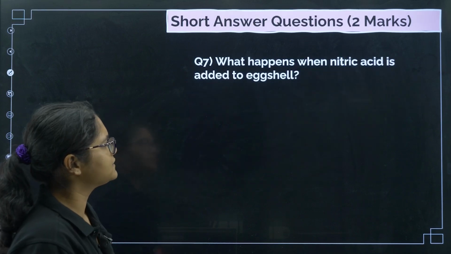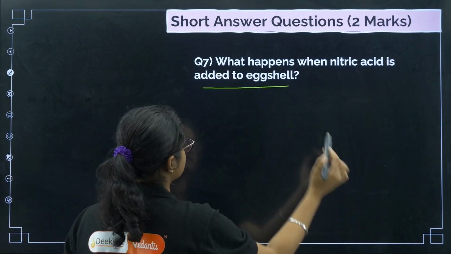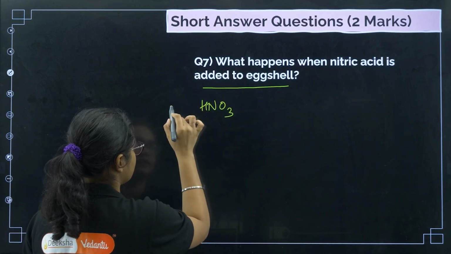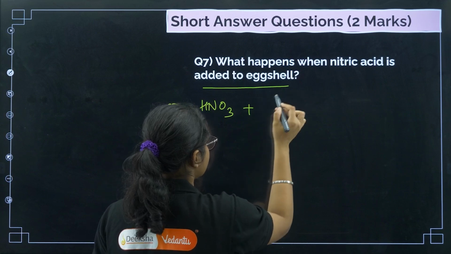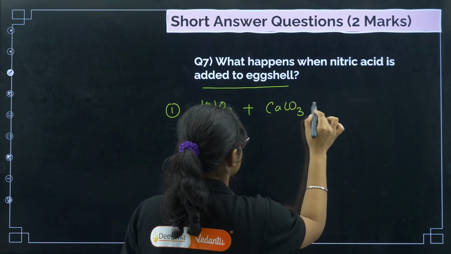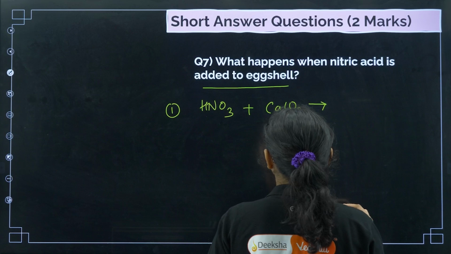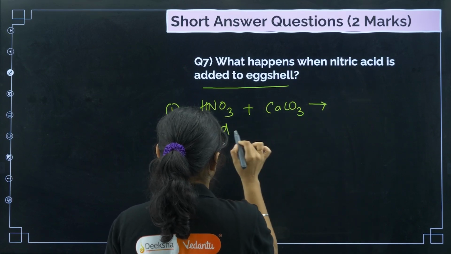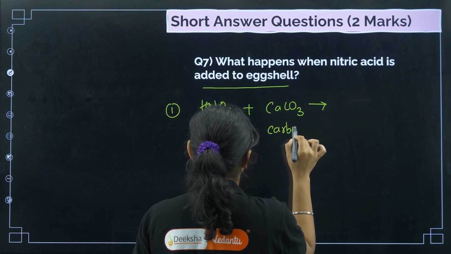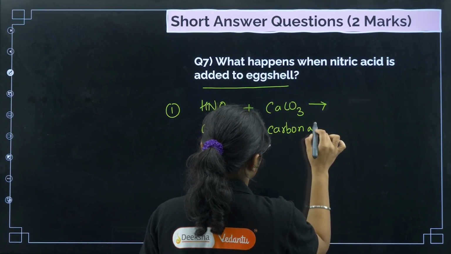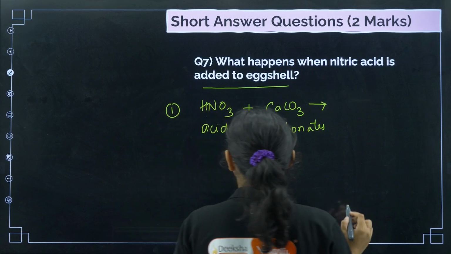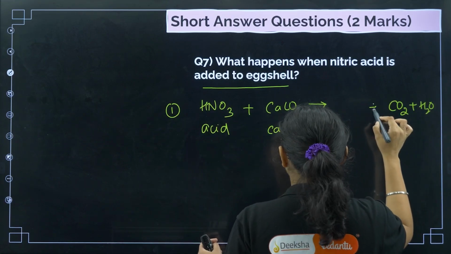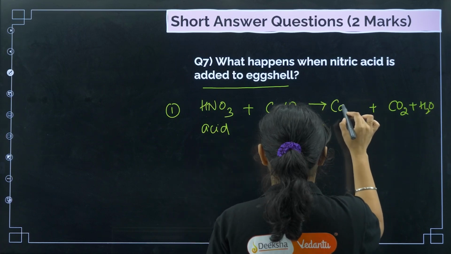Okay, next, what happens when nitric acid is added to eggshell? Okay, so you need to write nitric acid. First you need to write the reaction. Nitric acid is added to eggshell. Eggshell is made up of calcium carbonate. So we will get, okay, first this is acid, right, and this is carbonates. Okay, so products here will be CO2, H2O, okay, and the salt of this one, that is calcium nitrate.